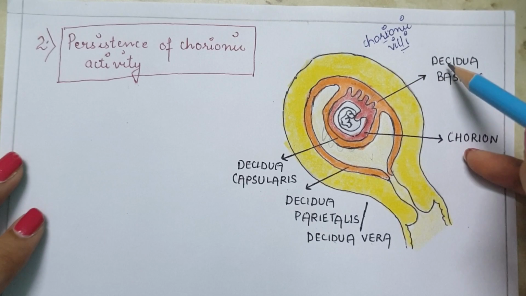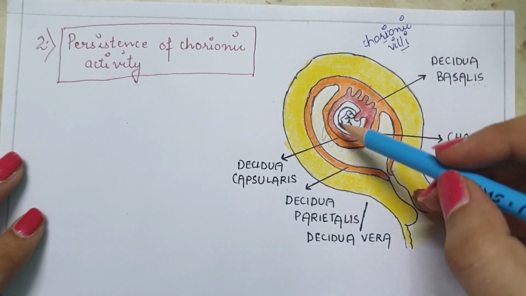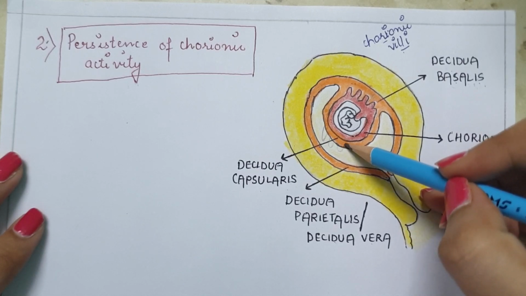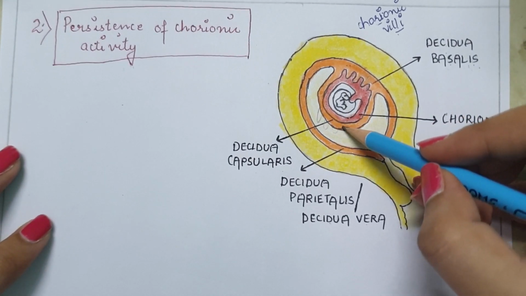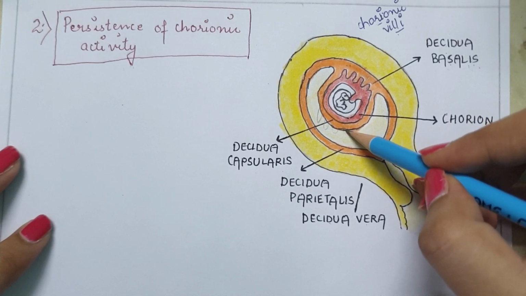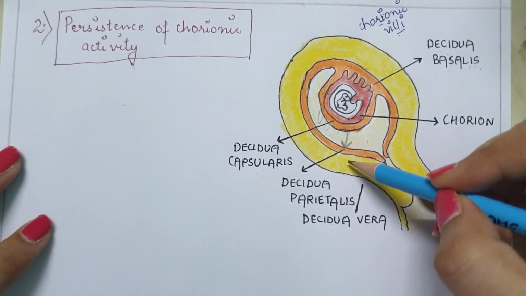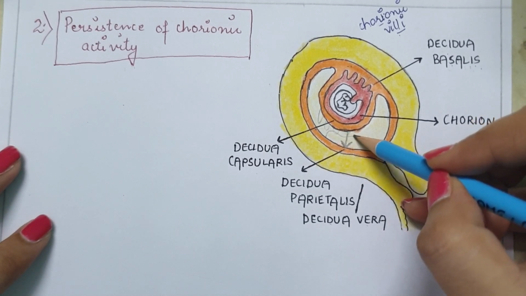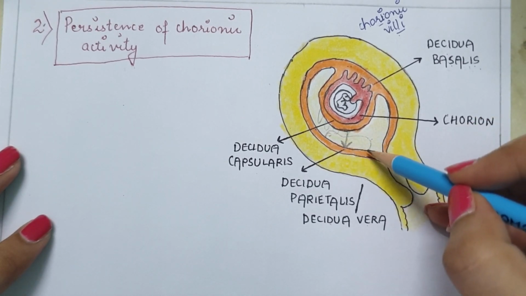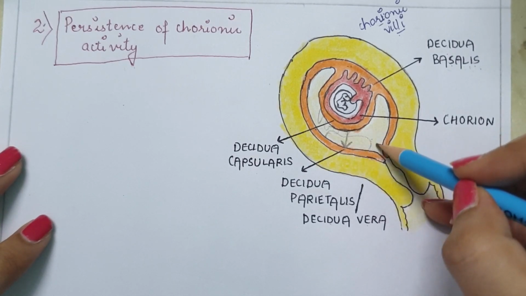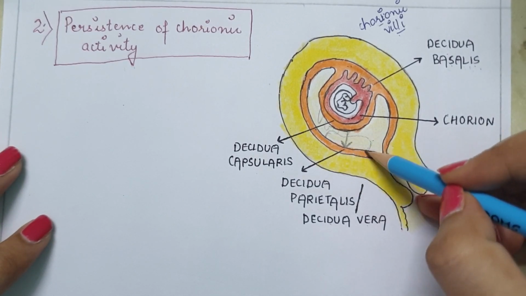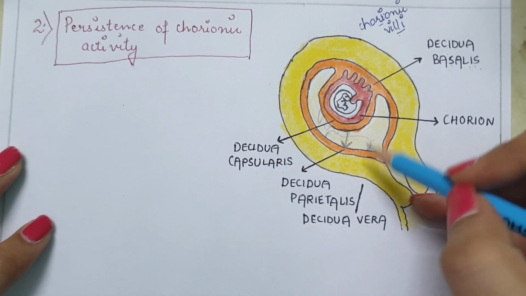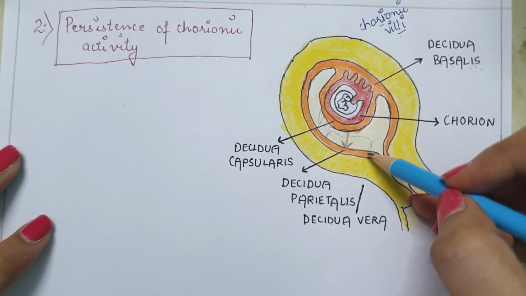But if instead of decidua basalis, this chorionic activity occurs here in the decidua capsularis, and when this decidua capsularis comes in contact with decidua vera at the lower uterine segment, then the placenta is attached at the lower uterine segment. Then there is formation of a proper placenta at the lower uterine segment, which is known as capsular placenta.